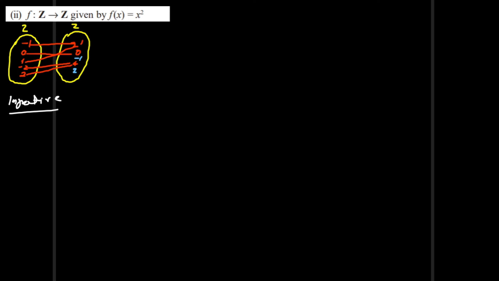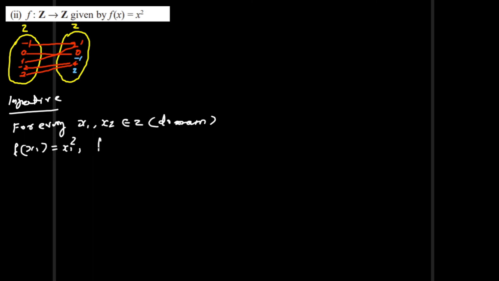So we can take for every x1, x2 belonging to Z, where Z is the domain, f of x1 equal to x1 square, and f of x2 equal to x2 square.